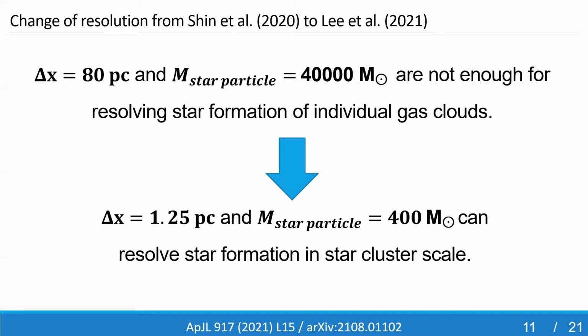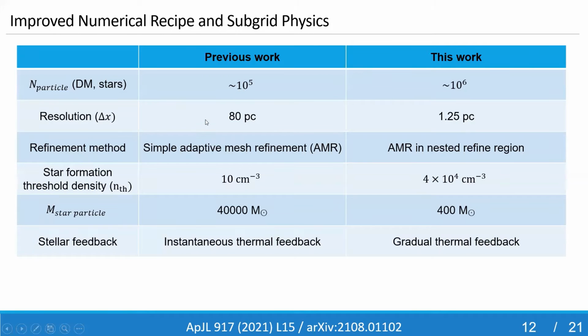Therefore, we tried to increase numerical resolution in this work, Lee et al. 2021, by significantly improving resolution and could reach 1.25 parsec resolution that can resolve star formation at star cluster scale. So here is a summary of the simulation details.